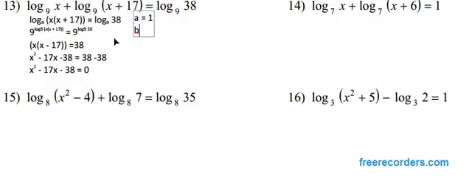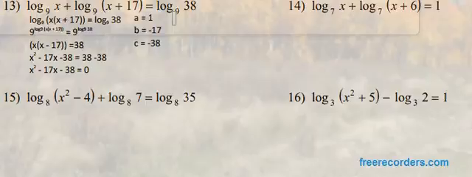B is the coefficient of the x term, which in this case is 17. And C is the number that's by itself. So C equals negative 38. Since it's minus 38, C is negative 38.